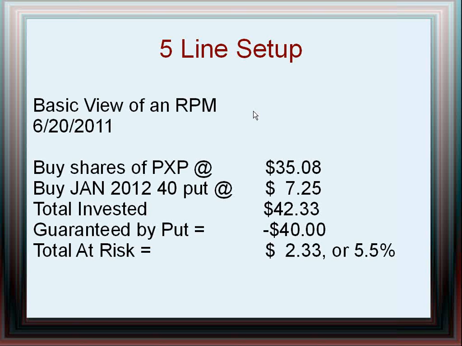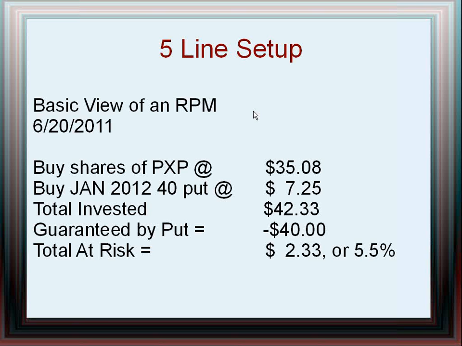PXP, Plains Exploration, on June 20th, 2011, was trading at $35.08. Now, if I was doing the basic protective put position, I might have considered buying a July 30 strike put for perhaps 50 cents or maybe 80 cents or so.